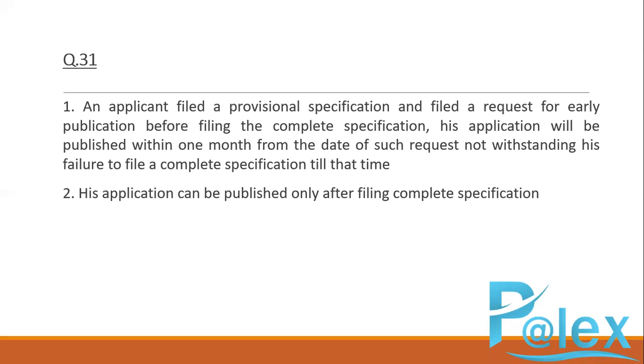Second thing is that you cannot file a request for early publication without filing the complete specification. His application can be published only after filing the complete specification. So statement 1 is false, statement 2 is true.